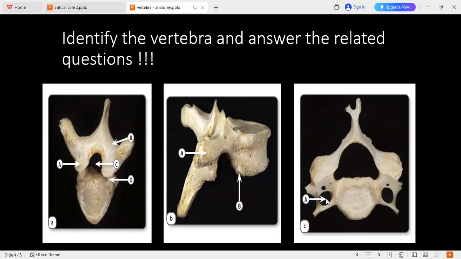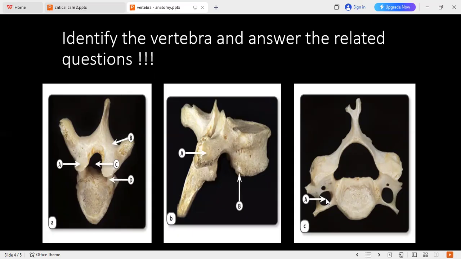What is the level of termination of the spinal cord? Termination at the level of L4, L5. Between L1 and L2. L1, L2. Okay. Just suppose a patient has herniation of disc between L4 and L5.